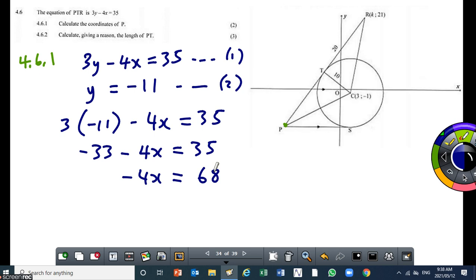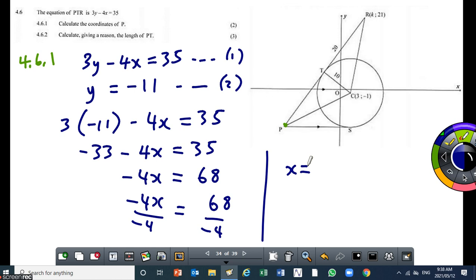Right? Then you divide both sides by minus 4. Let me just remind you. Minus 4. So we get 68 over minus 4. And the x value will be minus 17.